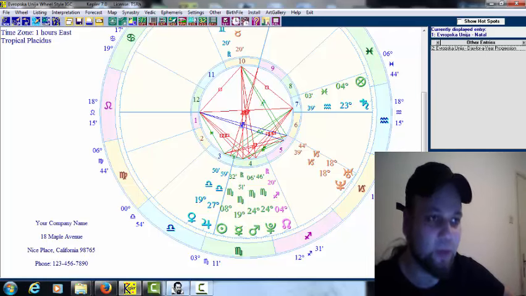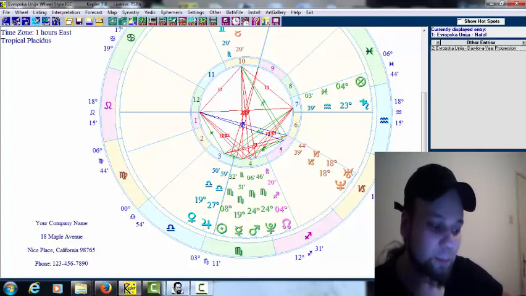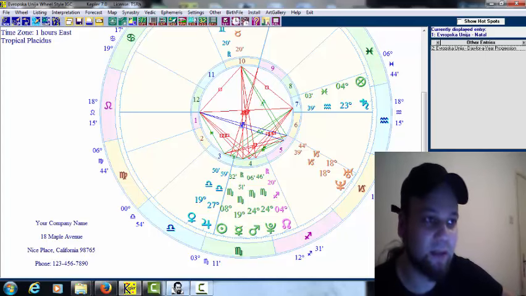Venus is the most important planet in the European Union chart, because it represents Europe itself.